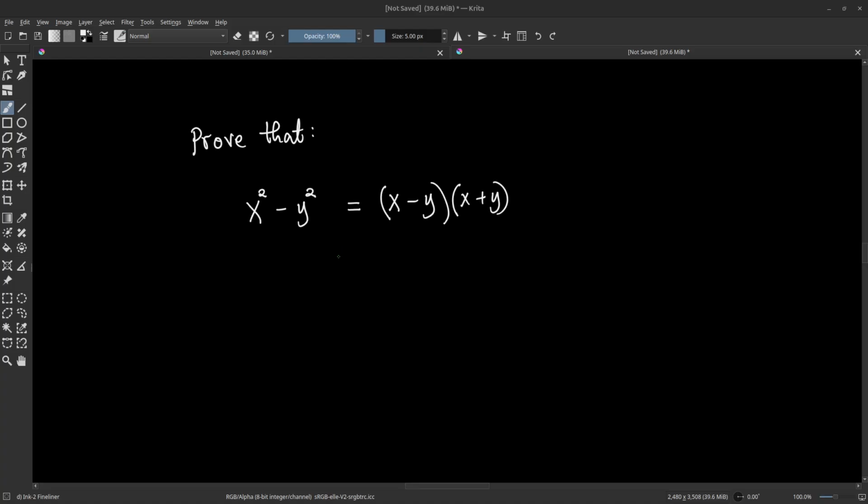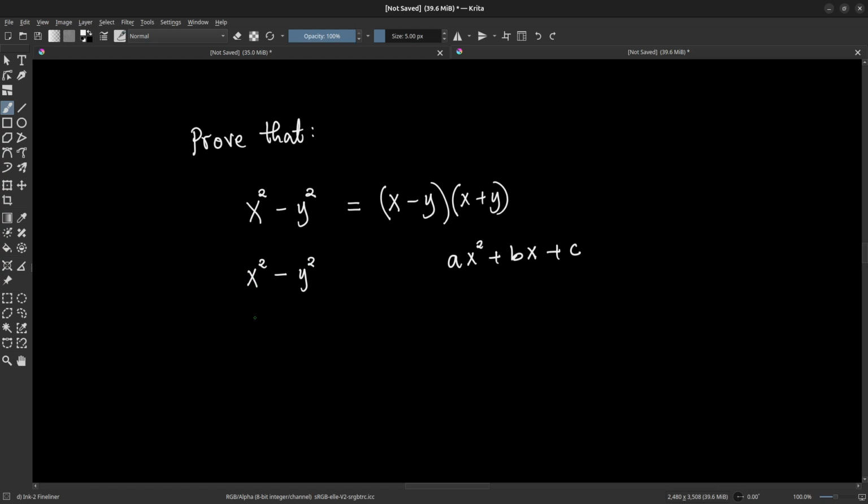So for a start, this x squared minus y squared is a quadratic expression. Remember that quadratic expressions are in the form of ax squared plus bx plus c. In our case, the a is 1 since this is the same as 1x squared. The b is 0 and the c is negative y squared.